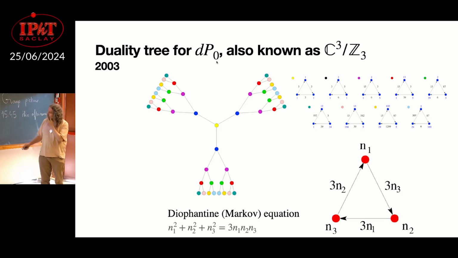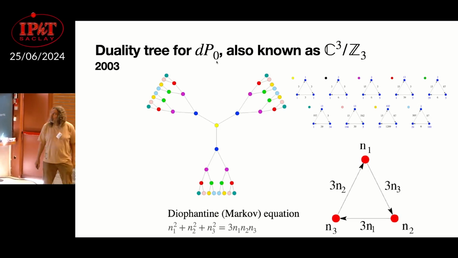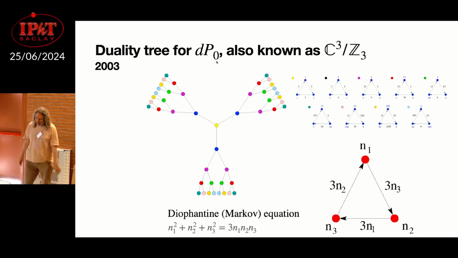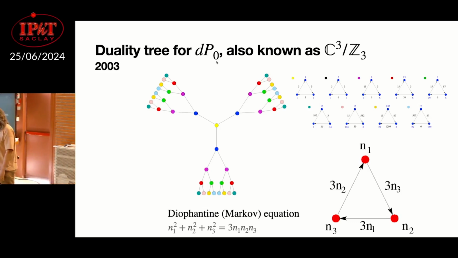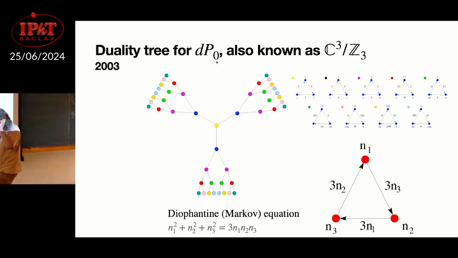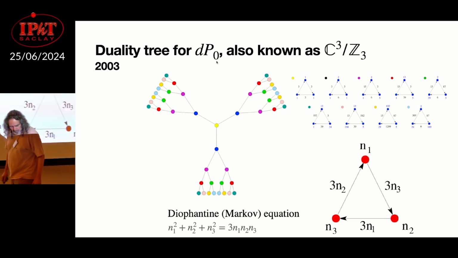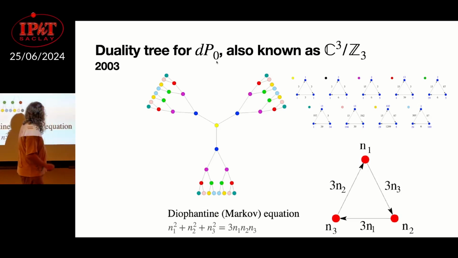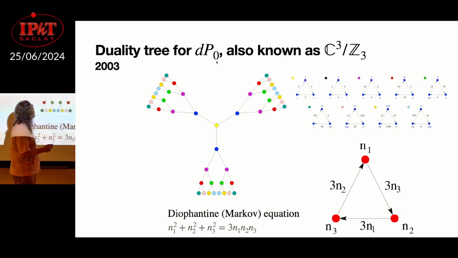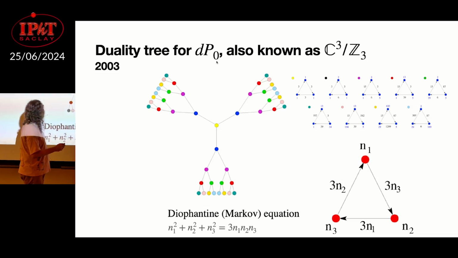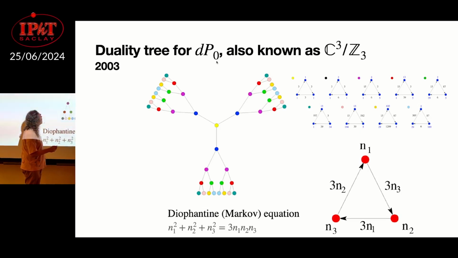And here's an example. The corresponding Gorenstein singularity is called C3 mod Z3. You take, again, an orbifold of C3, identifying points of different phases to be the same. The simplest possible quiver has nodes which are labeled 1 and edges which are labeled 3.